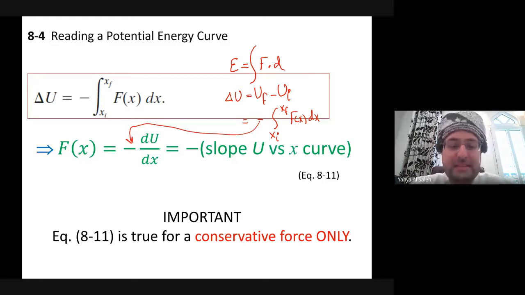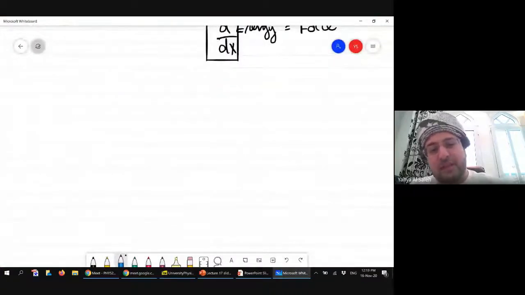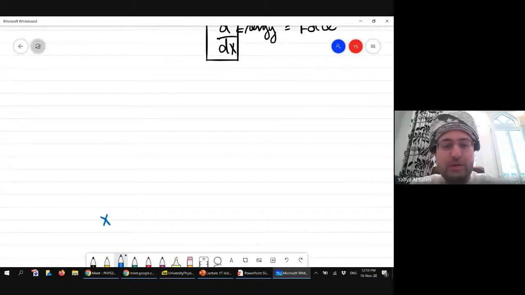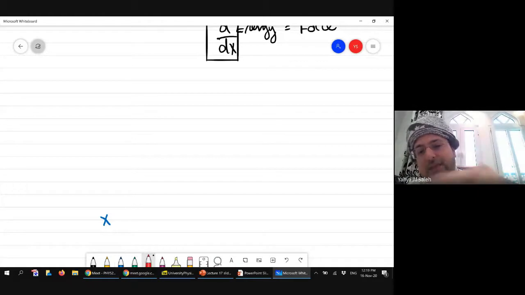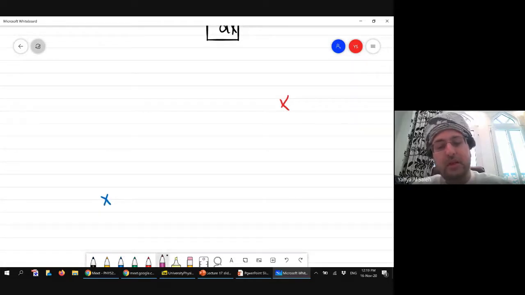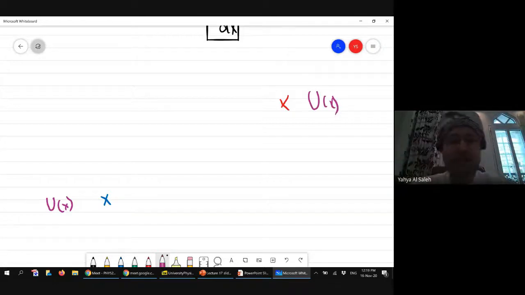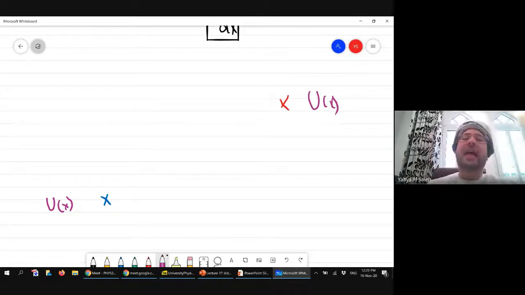So if I am starting at this point and ending at this point, it makes mathematical sense to say that I have an energy associated with this position and an energy associated with that position, because how we go from this position to that position is independent of path.